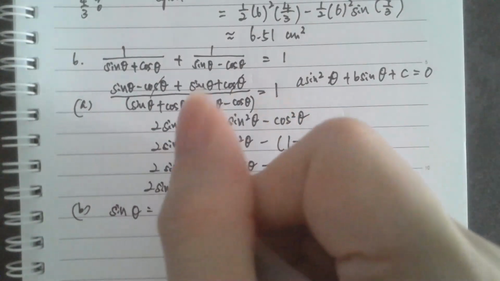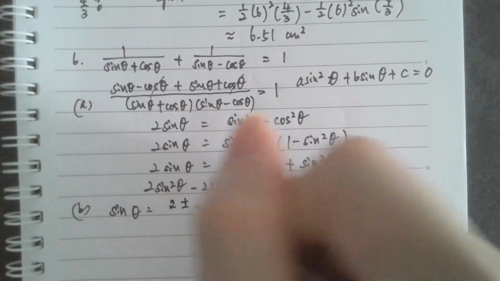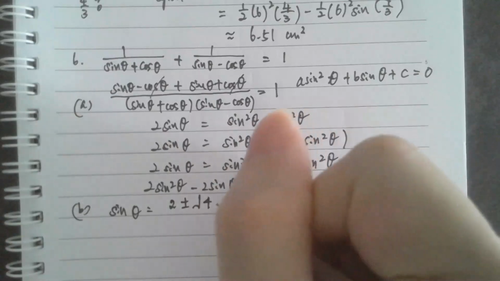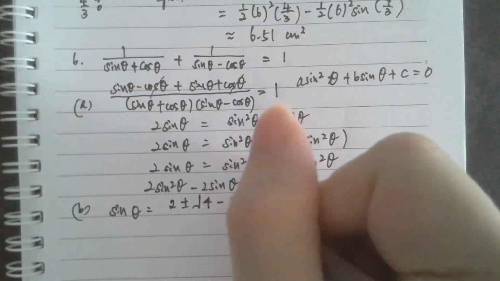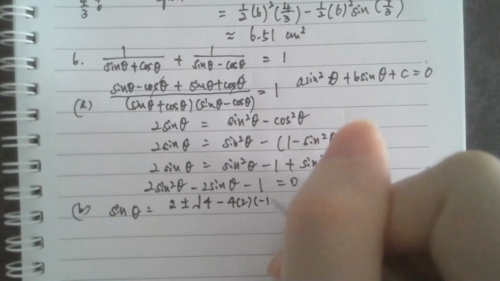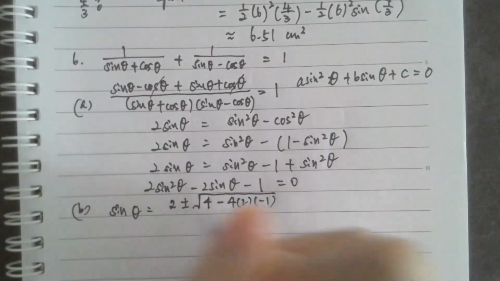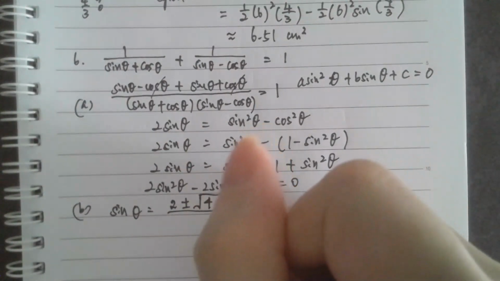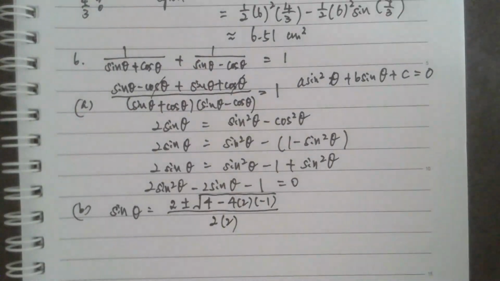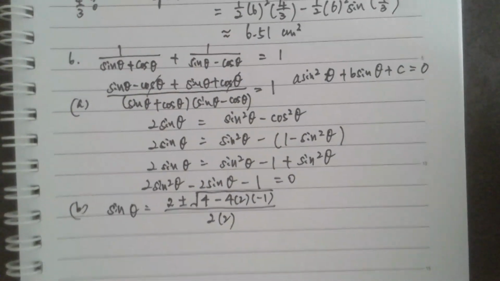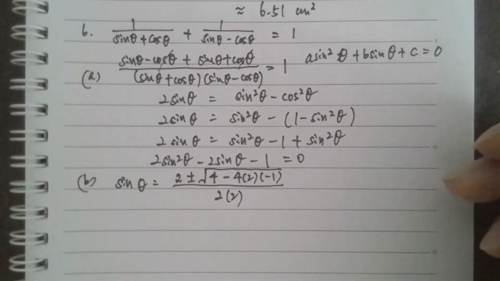So minus b, which is 2, plus minus square root of b squared, which is 4, minus 4ac, divided by 2a. Alright, so let's simplify this a little further.